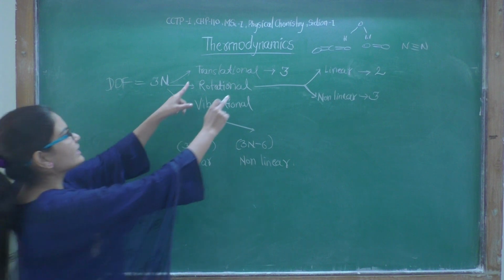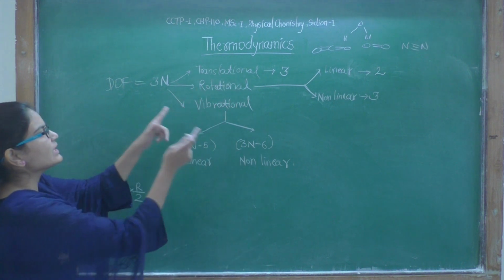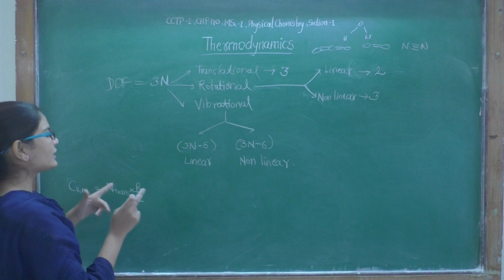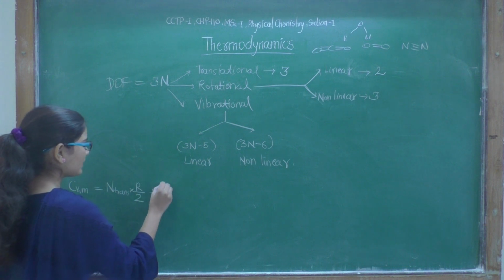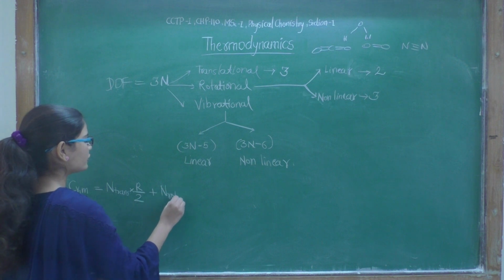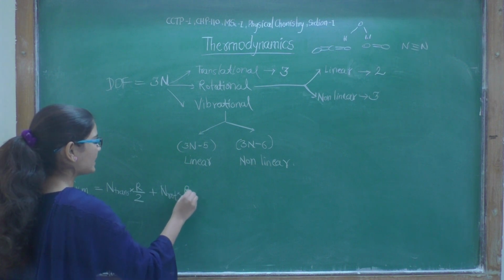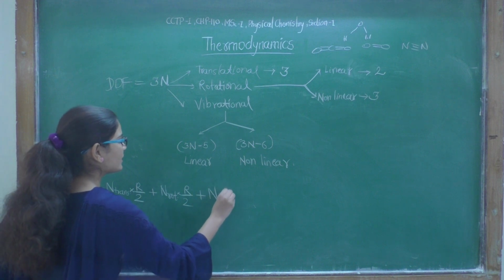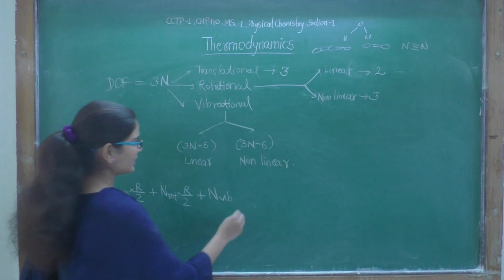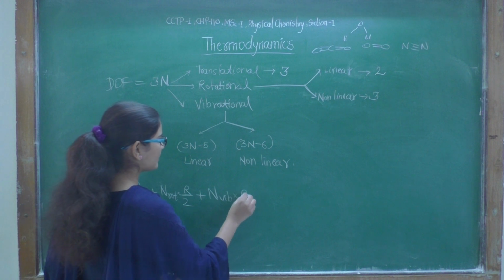The translational degrees of freedom contribute to heat capacity at constant volume by R by 2, plus number of rotational degrees of freedom into R by 2, plus number of vibrational degrees of freedom into R.